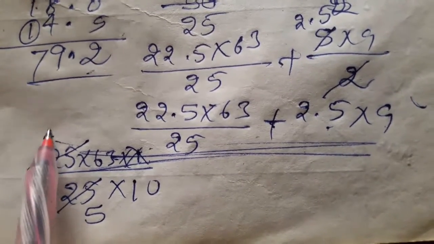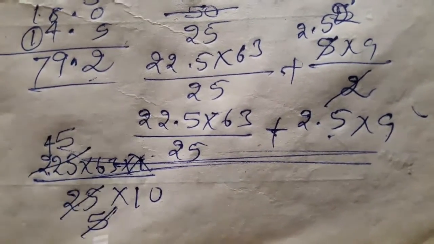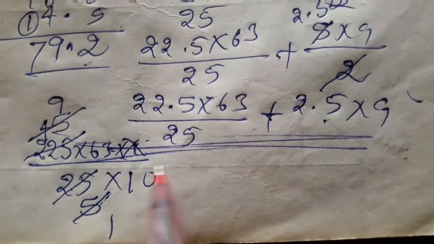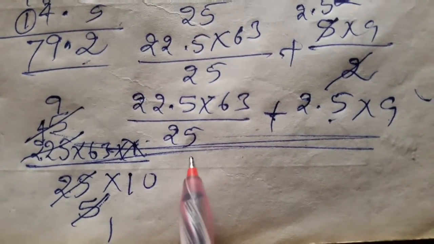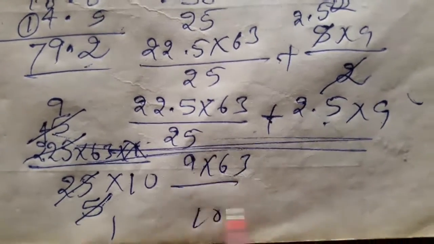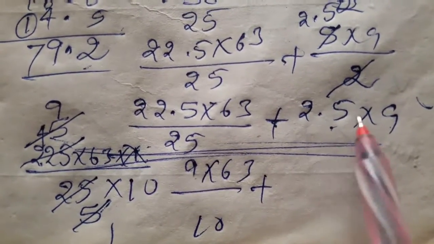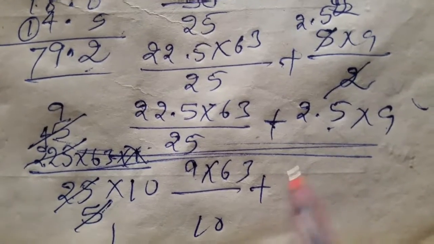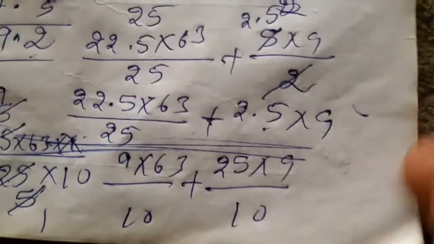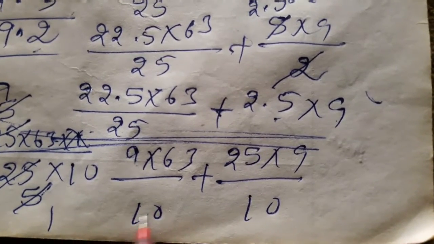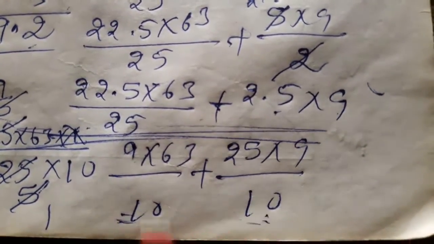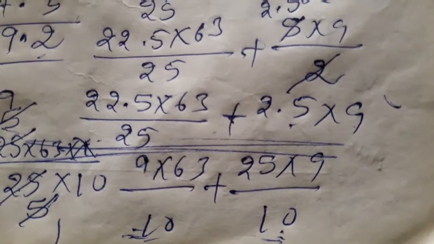Here 5 fours are 20, 5 fives are 25, 5 ones are 5, 5 nines are 45, so this becomes 9 into 63 by 10 plus this can be written as 25 into 9 by 10. Why I am creating like this means taking the LCM is so simple. So both are having denominator values of 10, isn't it?